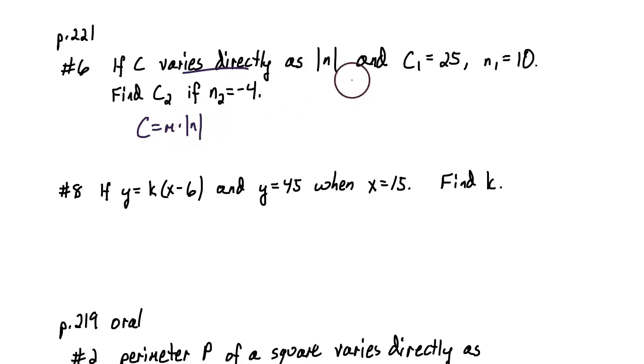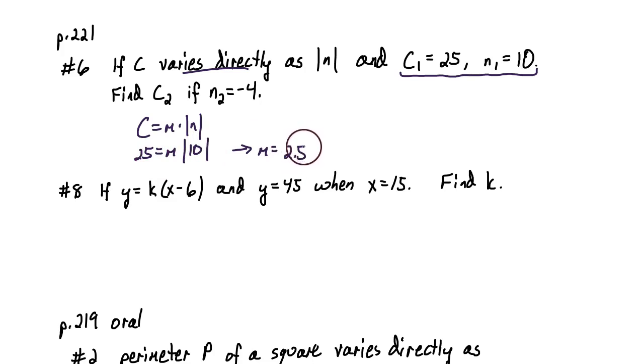Now let's make substitutions using this information. For the letter C, fill in 25. For the letter N, fill in 10. Now solve this equation to find the answer for M. 25 divided by 10 is 2.5.